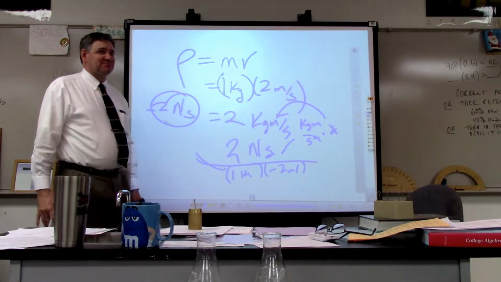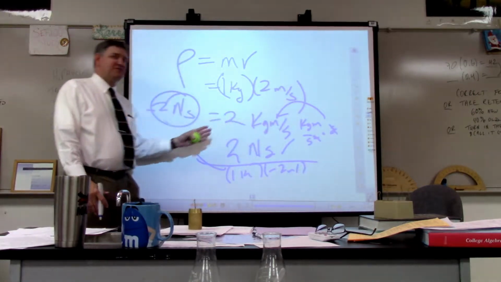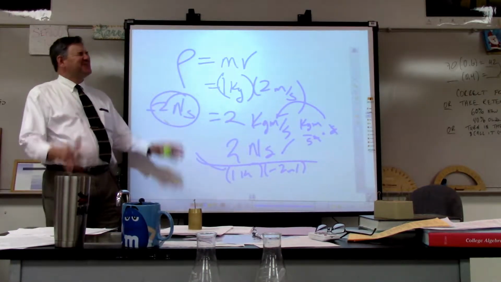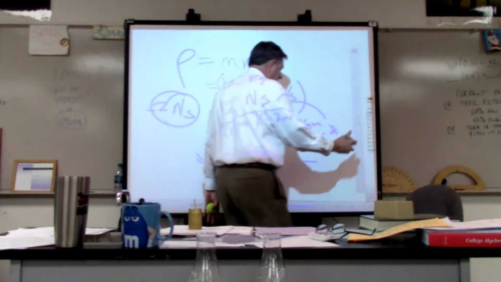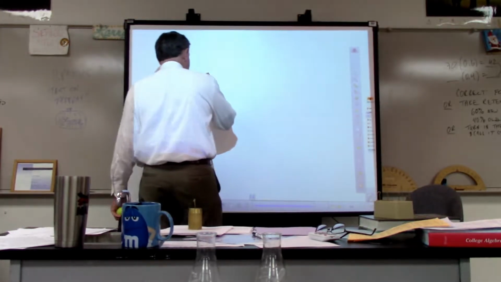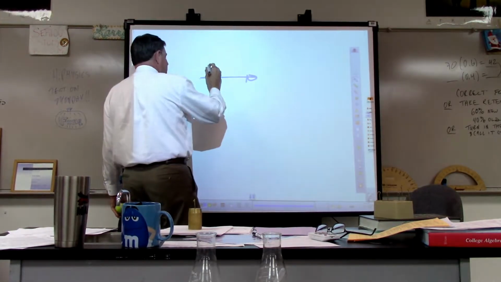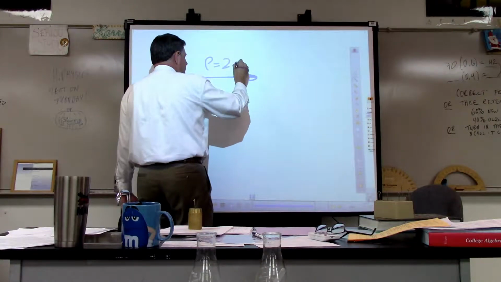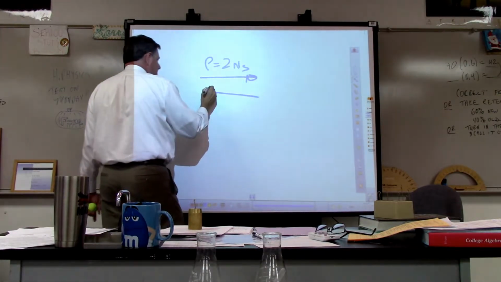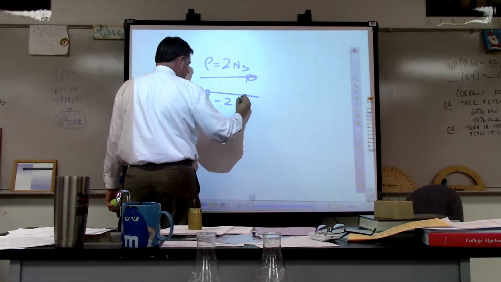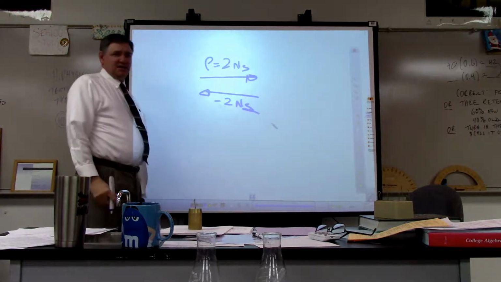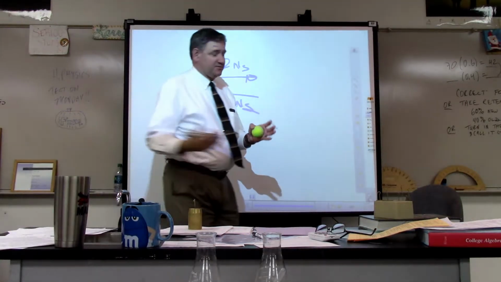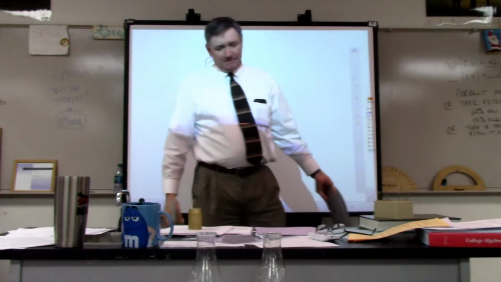So do you think it's a scalar quantity or a vector quantity? It's a vector. It's very much a vector quantity, because I can even draw it as an arrow. I can go, oh, it's moving this way. This has a certain amount of momentum of 2 Newton seconds. If it's moving this way, it has a value of negative 2 Newton seconds. So momentum is very much a vector quantity.